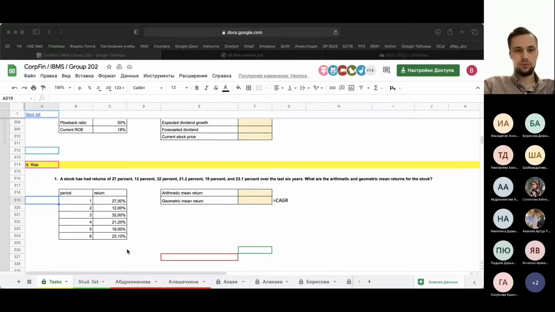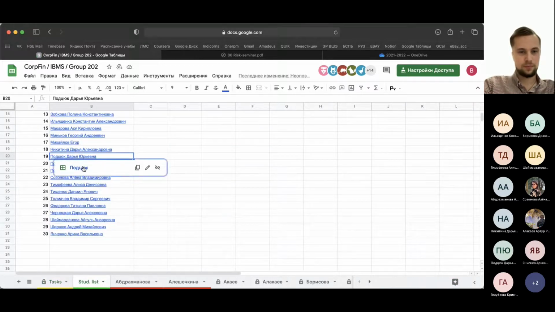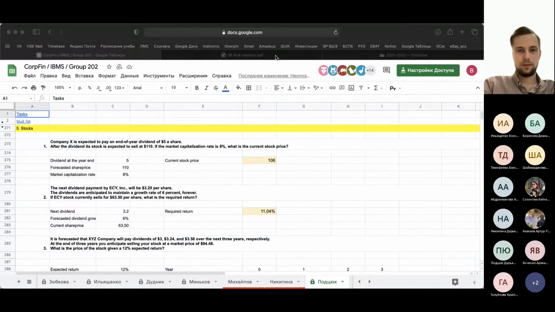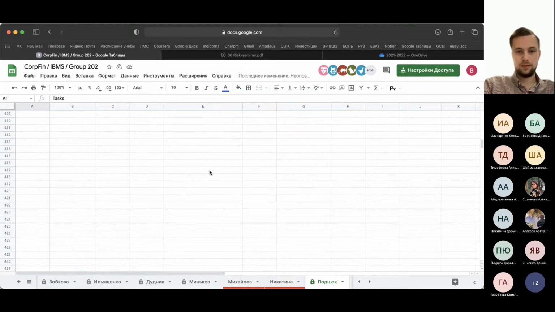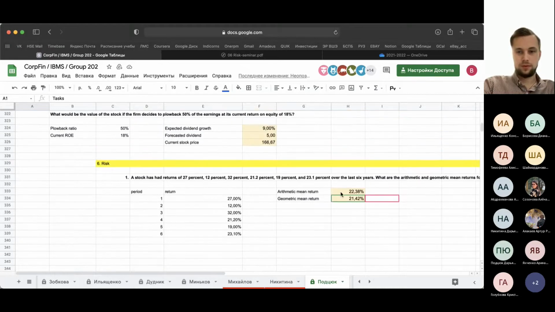Okay, Daria, let's look at the first one firstly. A second, let me find you. So what about the first one? The first one is just average, or we can sum up all the returns and divide this number by the number of the returns.